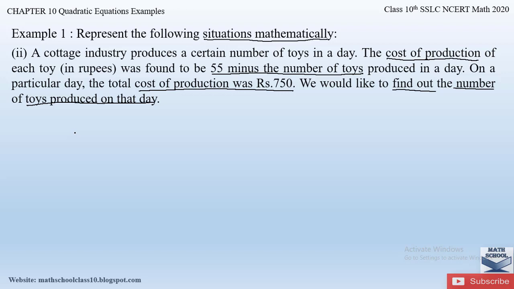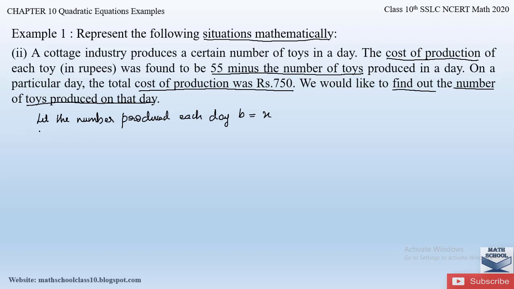So initially let us assume, we don't know how many toys are produced each day, so let the number of toys produced each day be equal to x. The cost of production of each toy was found to be 55 minus the number of toys produced in a day.